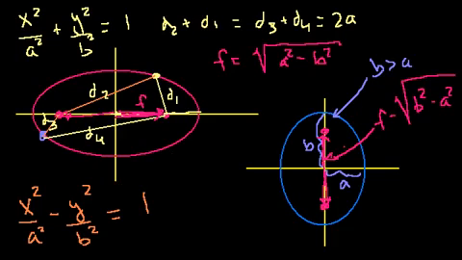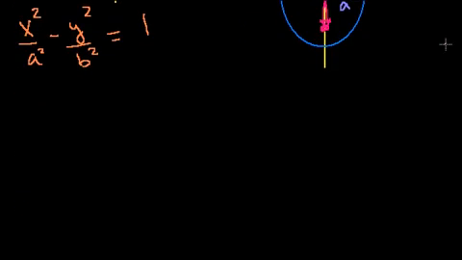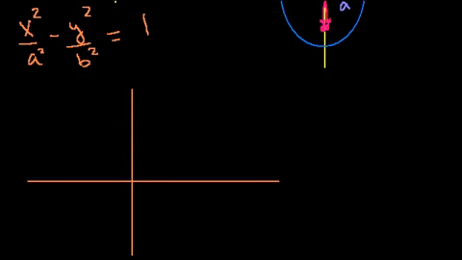But this hyperbola looks something like this. Let me see if I can draw it. Let's draw the axes, and then I want to draw the asymptotes. You could prove it by looking at some of the previous videos, but the asymptotes for this hyperbola are going to be y is equal to plus or minus b over a x.